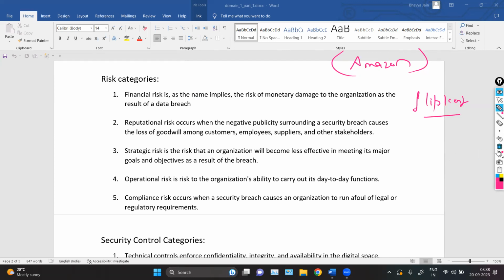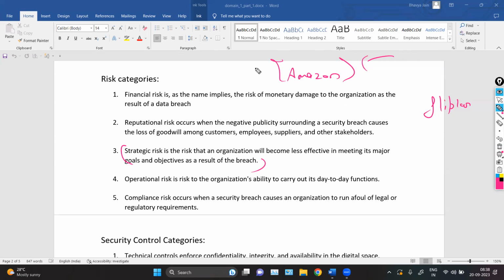Then we have strategic risk, which is the risk that an organization will become less effective in meeting its major goals and objectives as a result of a data breach. That is also obvious. For example, let's take the example of Amazon. Now, instead of using Amazon, from the next time, I will use Flipkart, right? So now there's a decline in the customers of Amazon. Let's say there's a decline of 50% of the customers.